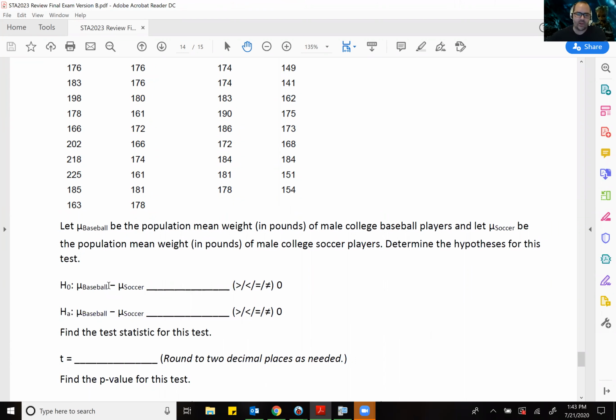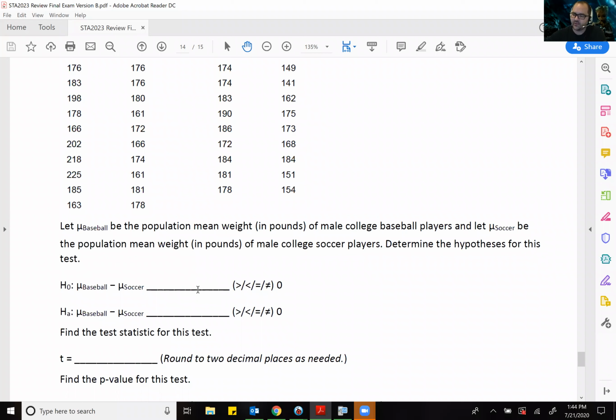Remember, this first blank should always be equals. So hopefully you select the equal for that. And then because we want to know if there is a significant difference, that means the Ha should be the not equals, because there's nothing up there that states whether it's larger or smaller.